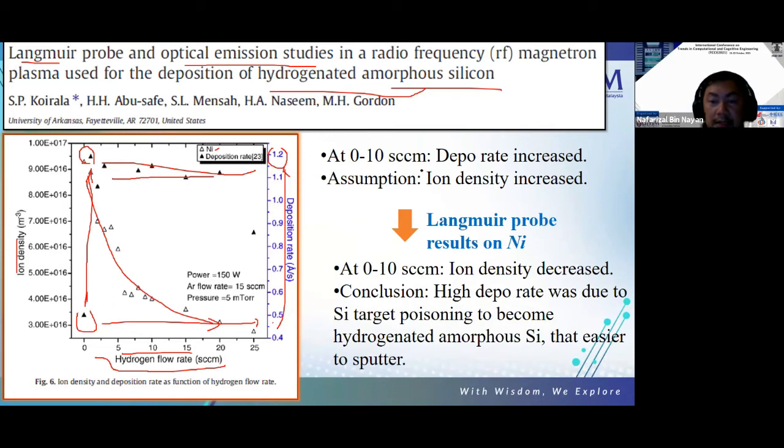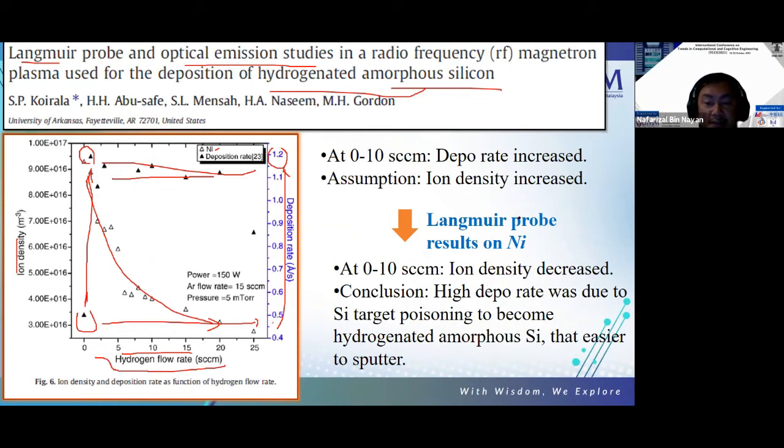So the deposition rate increased at the first half, and of course, when you have the deposition rate increase, we will assume that the ion density will increase. But from the Langmuir probe result, we can see that the ion density is decreasing.